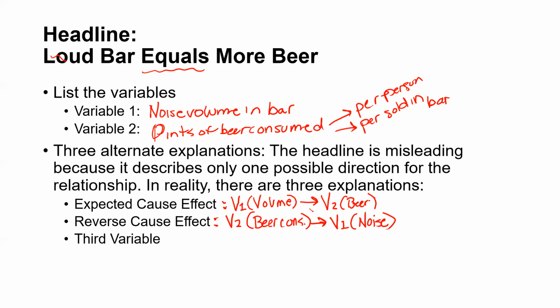Excuse any spelling typos in here. Does it make sense? I'd like to hear from everyone just so I know that this is not still really muddy. So this is the reverse cause effect: increases in beer consumption cause increases in noise. So far, I don't see any responses.